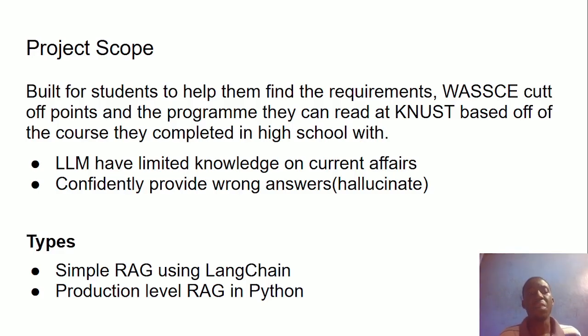Here is the problem with LLMs. We understand LLMs have limited knowledge on current affairs, and this makes them hallucinate, where they confidently provide wrong answers. For example, let's take a fictional company like B&B Rice Company, where we have established that our refund policy is within 3 days because of the nature of rice.